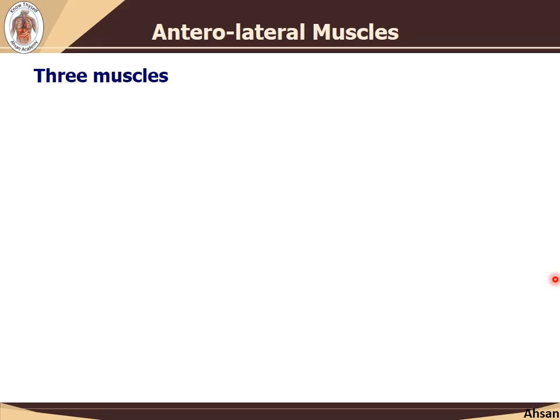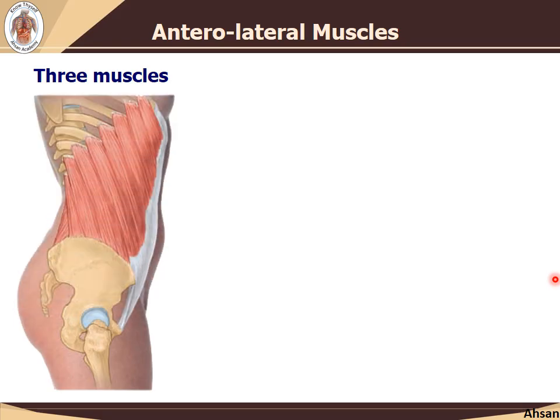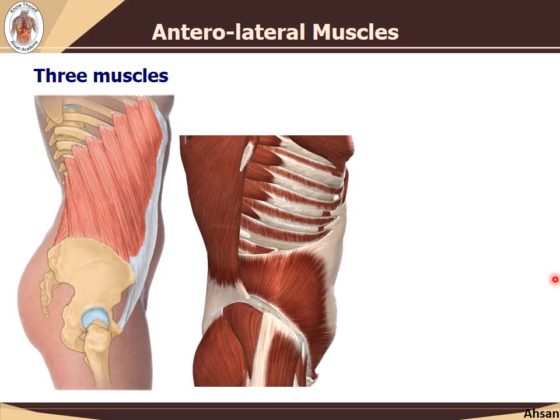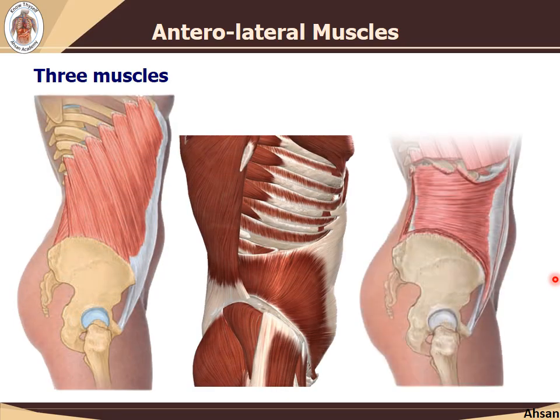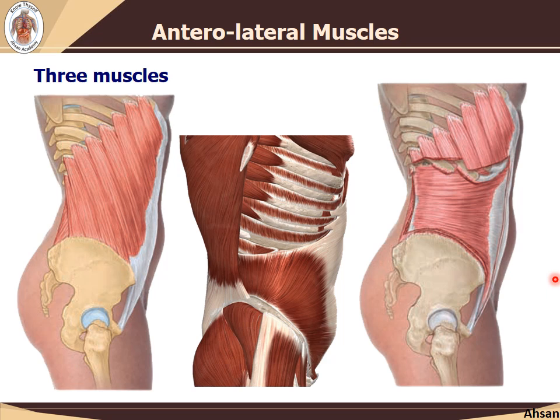So let us start with the anterolateral muscles of the abdominal wall. There are three muscles: external oblique, internal oblique, and transversus abdominis. This one is the external oblique, and the fibers are directed anterior-inferiorly.